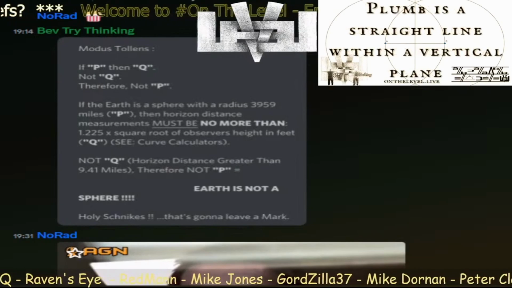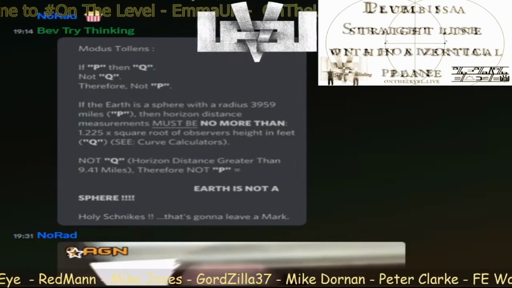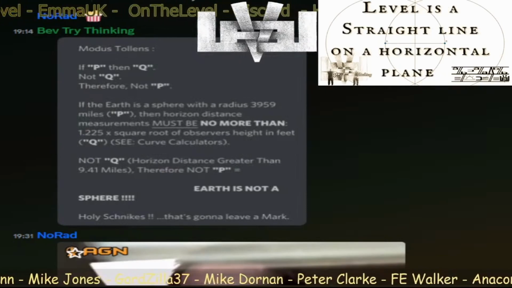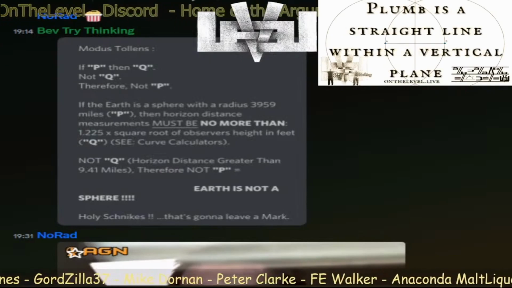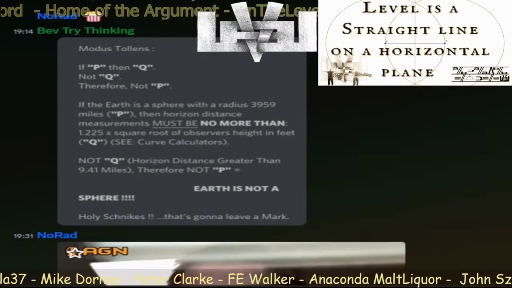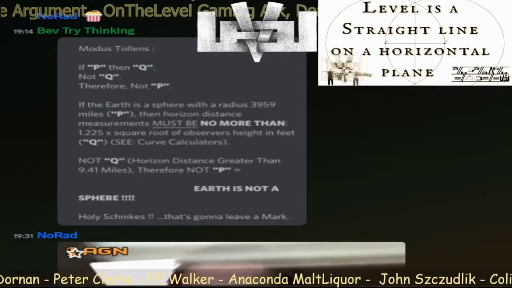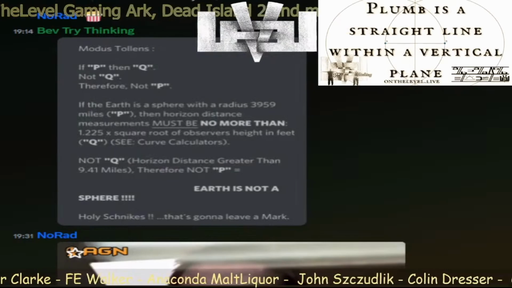The only one thing that I found out recently is a lot of people saying, I don't understand maths. And the reason they don't understand maths is because people like you, Paper, have said, well, it's just algebra. But that doesn't help anybody understand what 1.22 times the square root of the observer's height in feet has got to do with anything.